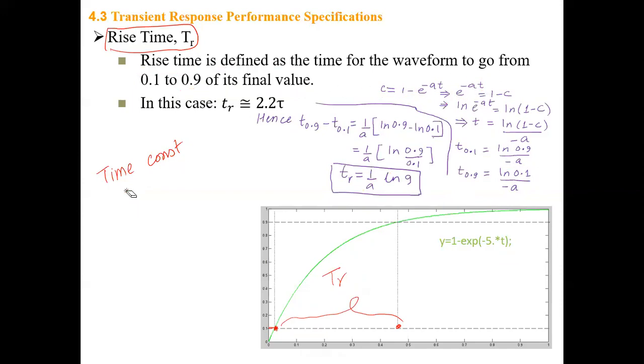Find the difference between 0.9 and 0.1, and eventually you get this. If you use the calculator, you find ln 9 is 2.2. So your TR is 2.2 over A. Since 1 over A is tau, that's 2.2 tau. That's your TR.